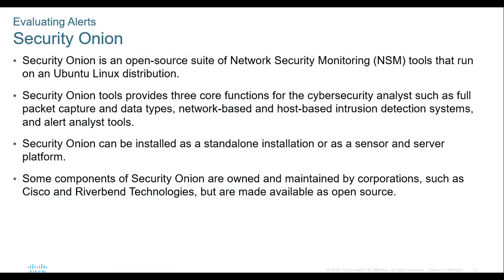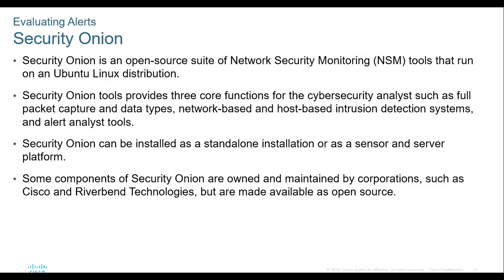Security Onion can be installed as a standalone installation or as a sensor and server platform. So these are the options provided for you to install it, which means it can be on a single PC, or it can be a sensor which can reside within a router or a switch, and it can be on a server platform.